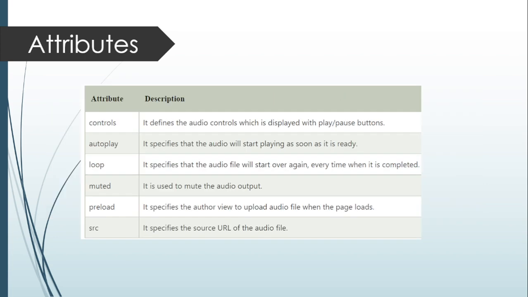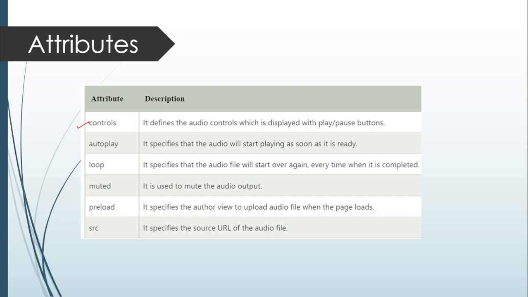Now let's talk about some attributes of the audio tag. Here we have 6 attributes that we can use along with the audio tag in HTML5. First attribute is the controls attribute. It defines the audio controls which are displayed, with play and pause buttons.